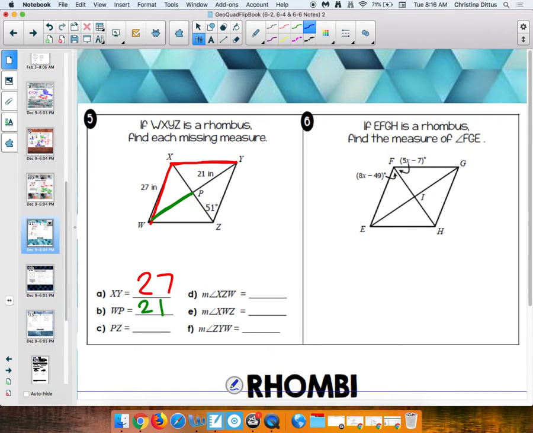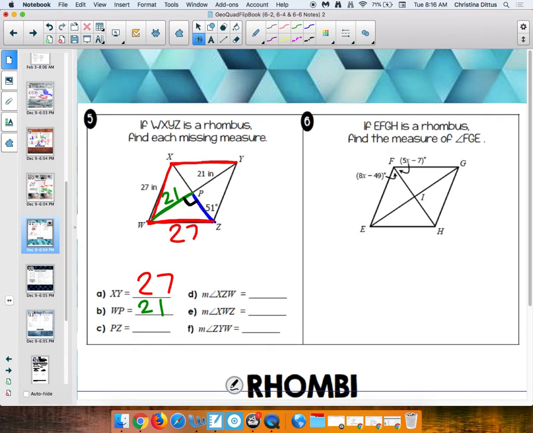And here is the tricky one, PZ. Notice in rectangles our diagonals are the same, but in rhombi, they're not necessarily the same. They just get bisected. So we knew this is 21. What's WZ down here? 27. We know that because all our sides are the same. What's this angle right here? 90.